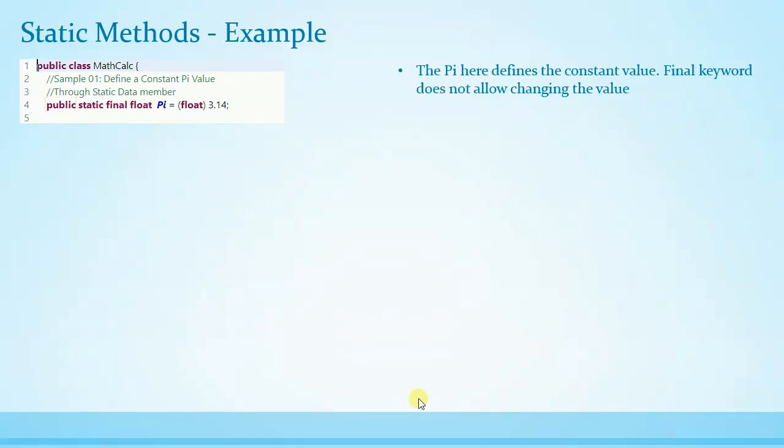It means we can access it inside the class, or outside the class also. Next comes the keyword static. Here we state that the variable pi, or we can say constant, since we specified final next to static.